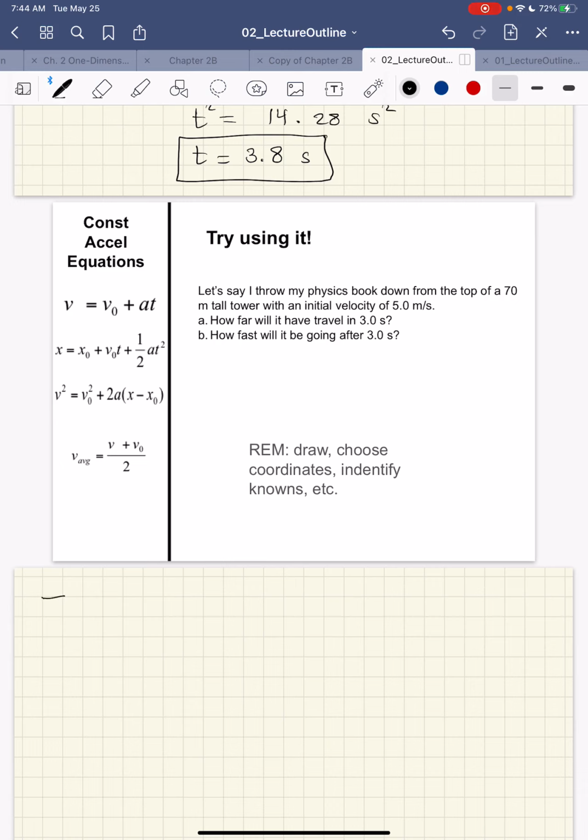Then here it's the same, but I am giving it an initial velocity, and that initial velocity is 5 meters per second. Then now the story is going to be different.